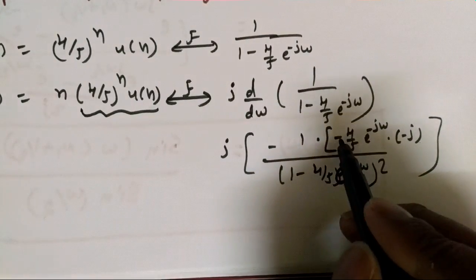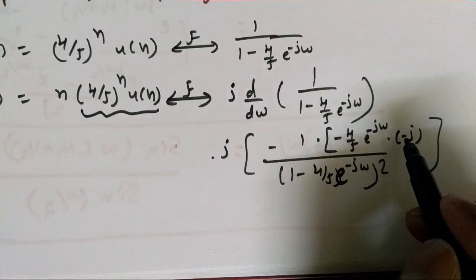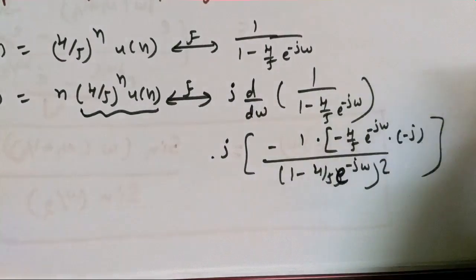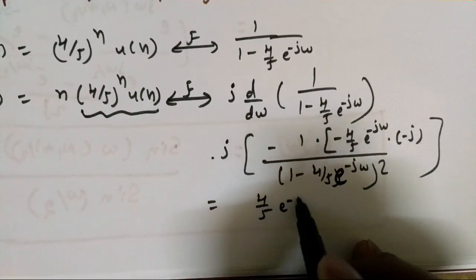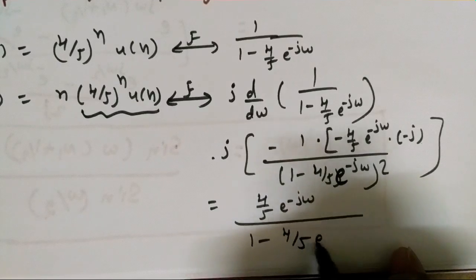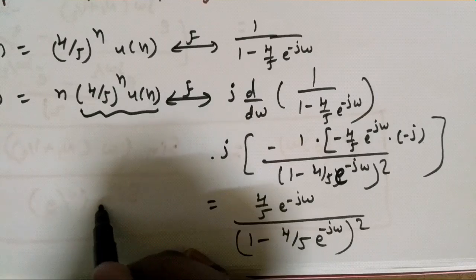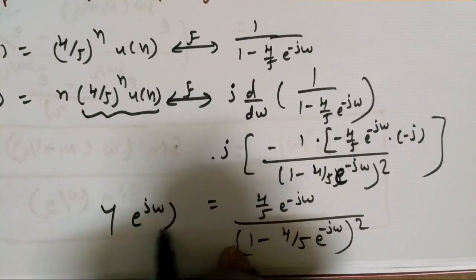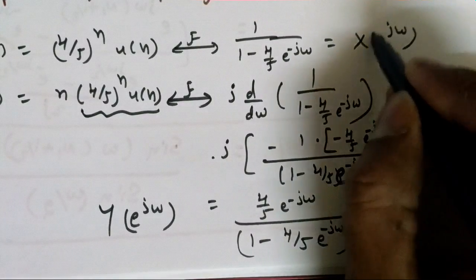So minus minus minus, again you will get minus j into j square minus, so it will be plus. So the overall will be 4 by 5 e power minus j omega by 1 minus 4 by 5 e power minus j omega whole square. This is Y of e power j omega, and this one is X of e power j omega.